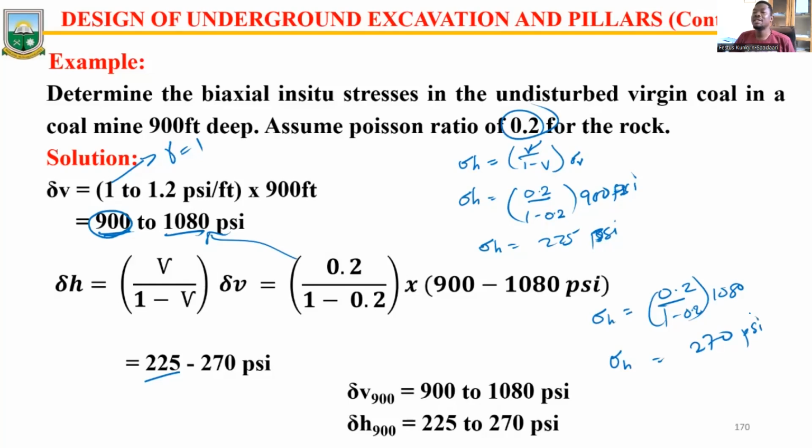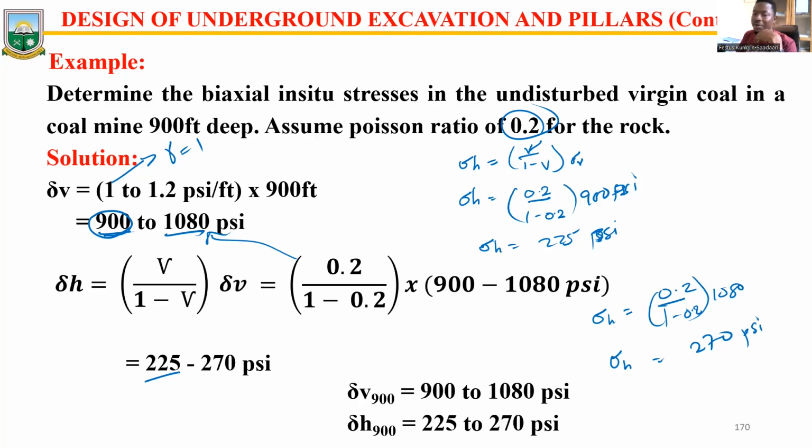So it means that assuming you start work and you bring your material to the lab, and we test and tell you that your unit weight of the material is 1, you are going to have a pre-mining stress in terms of the vertical to be 900 psi, and the corresponding horizontal to be 225.